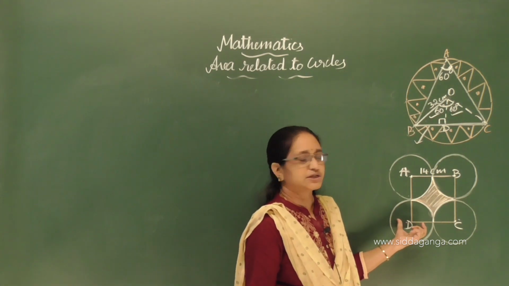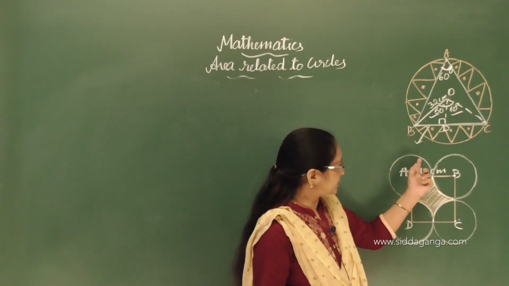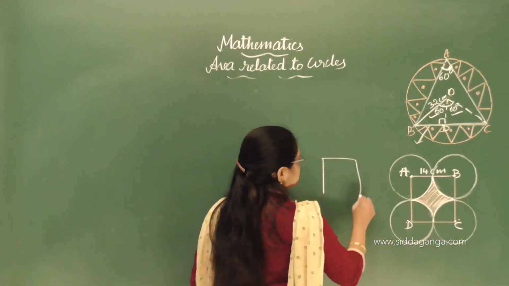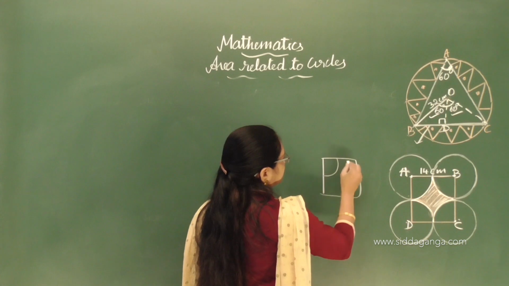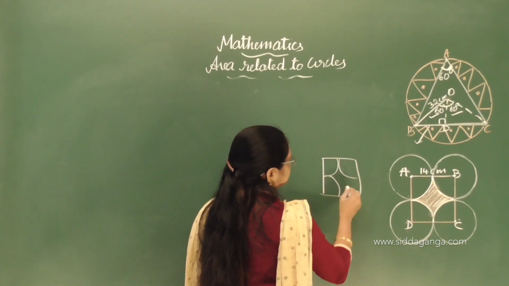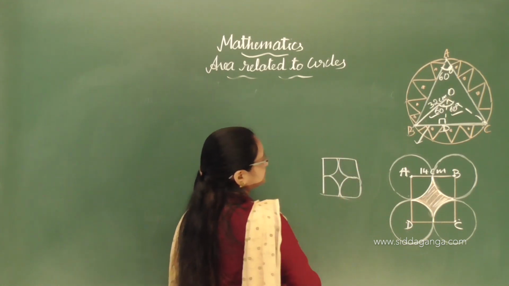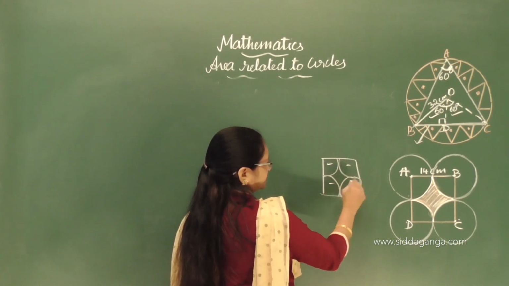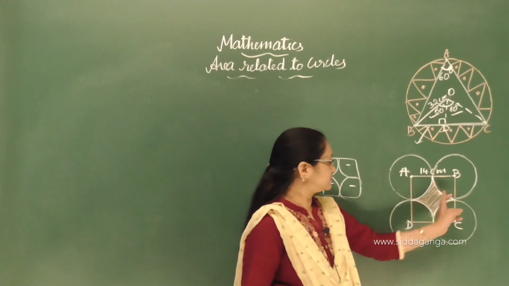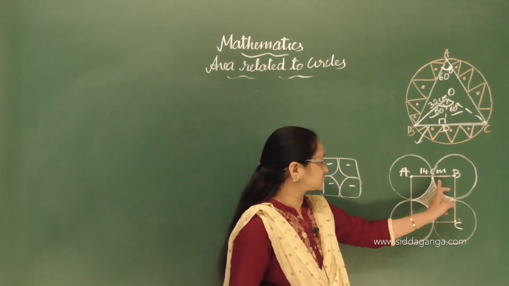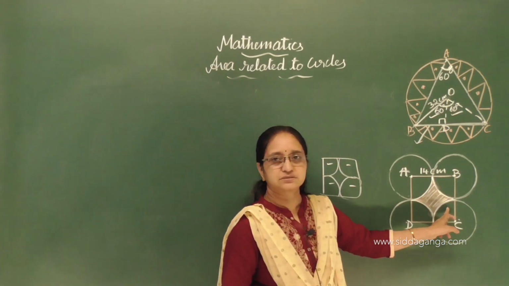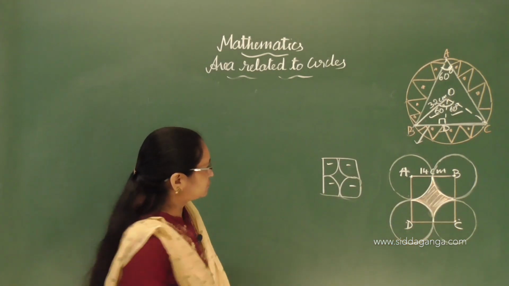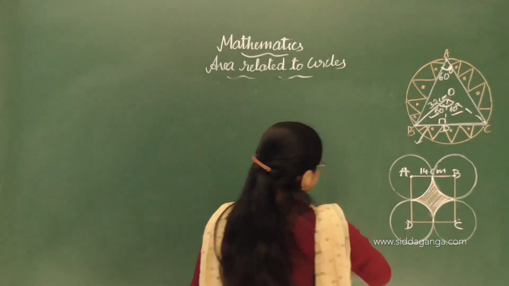Area of the shaded region is equal to area of the square, just imagine, minus area of these 4 sectors, correct? These are the sectors, 4 sectors. So if you do that, you can find out the area of the shaded region.